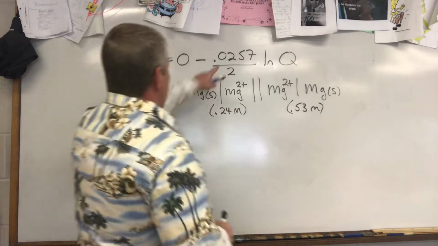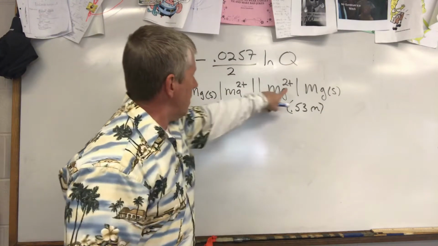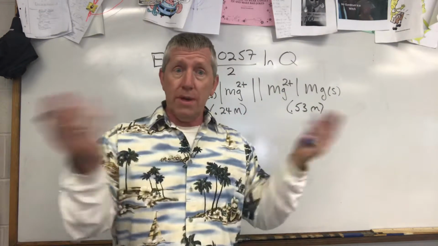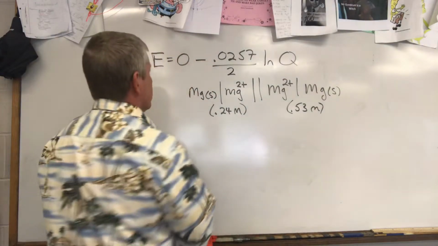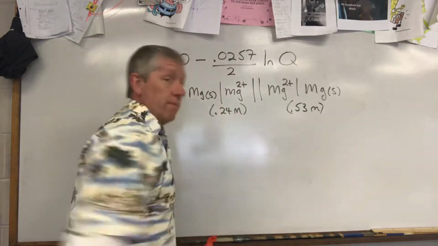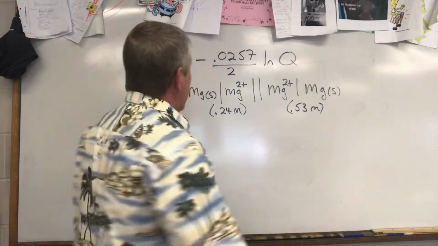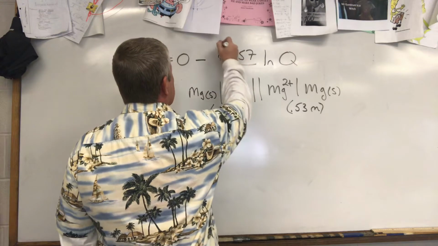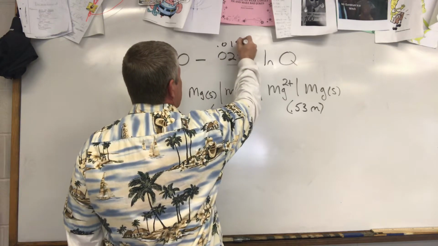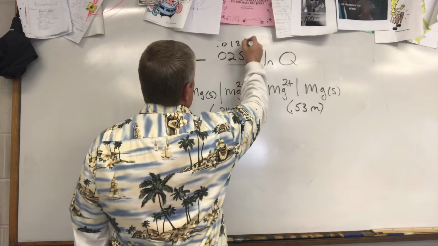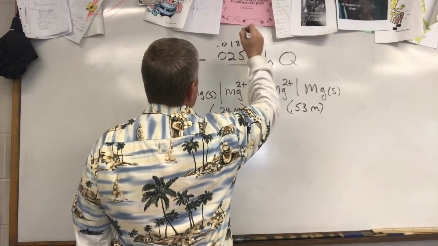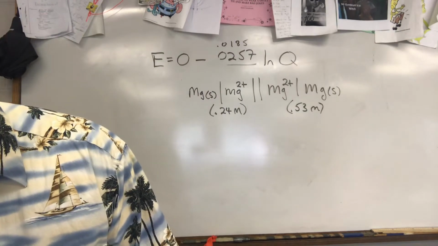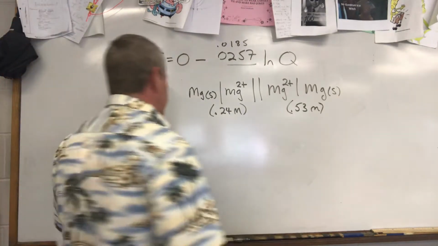This divided by 2, there are 2 electrons being exchanged, hence the 0 to positive 2. Put a 2 in there just like last time. I left it in from last time anyway. Then this, if I remember right from last time, was 0.01285.